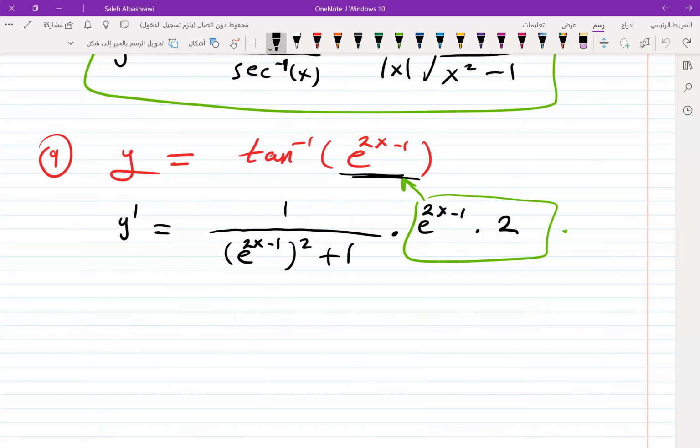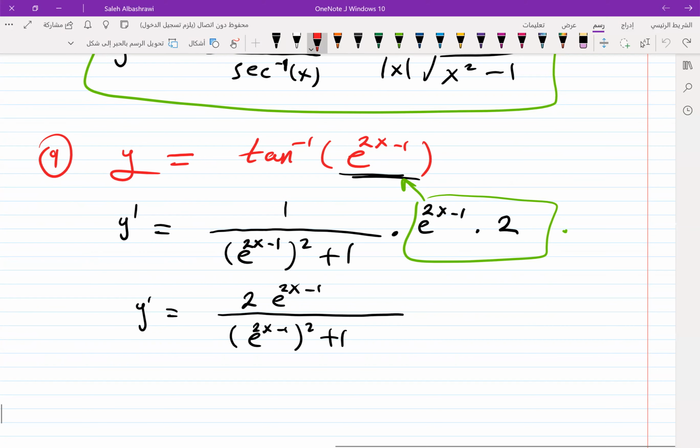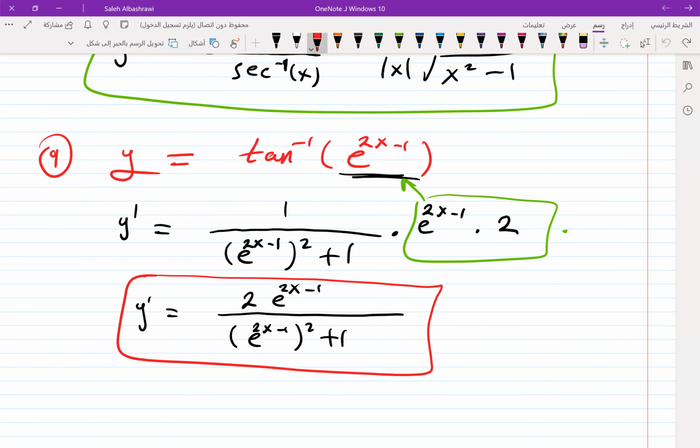So this is the derivative, y prime is equal to 2 multiplied by e to the power 2x minus 1 divided by e to the power 2x minus 1 square plus 1. And this is the derivative of the given function.